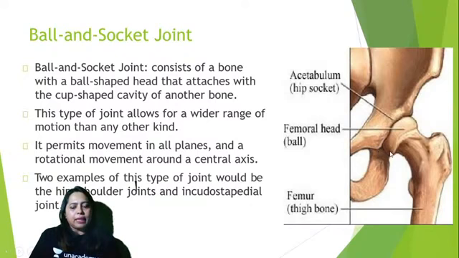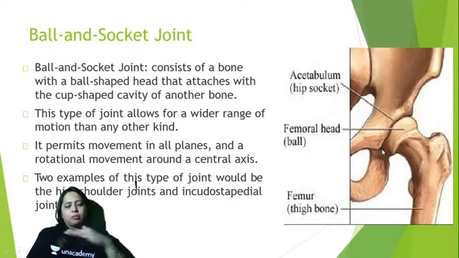That is compensated by a small piece of cartilage called the acetabular labrum. Like a plaster, it holds on to the lower part of the acetabulum, and it makes up for the deficient part in the socket.